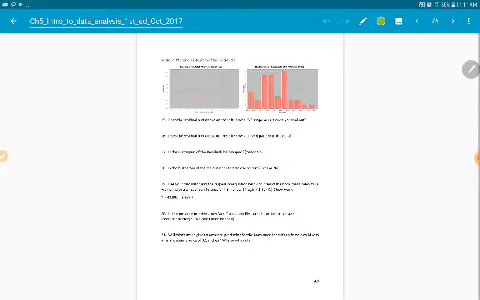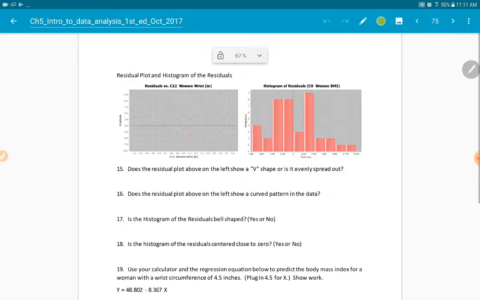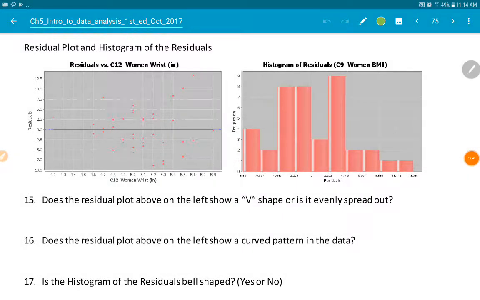Okay, going on to number 15. Does the residual plot above on the left show a V shape, or is it evenly spread out? It's pretty evenly spread out.